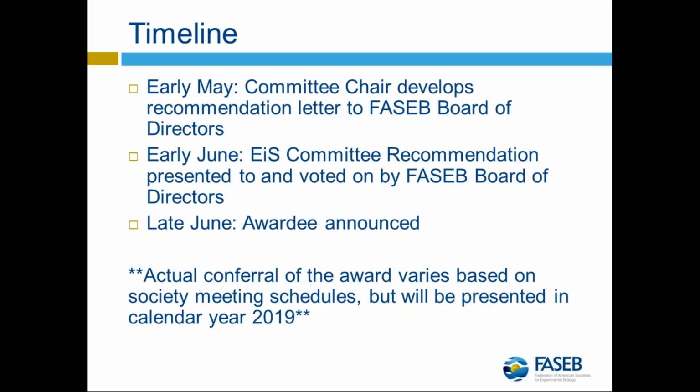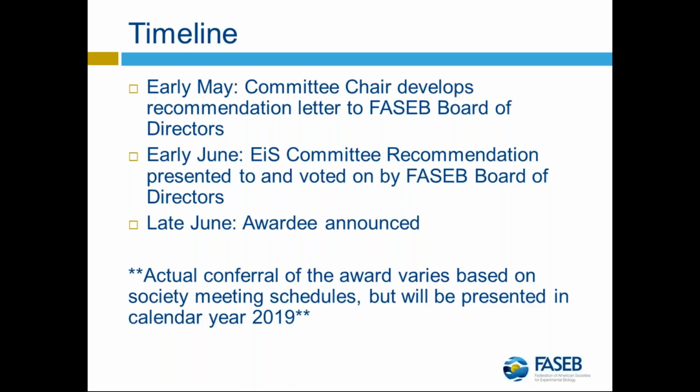In early May, once the awardee has been determined, the committee chair will develop a recommendation that goes to the FASEB Board of Directors as part of its June meeting. Like anything with FASEB, whether it's a policy statement or the Excellence in Science Award, the committee makes a recommendation, and then the board finalizes that recommendation.